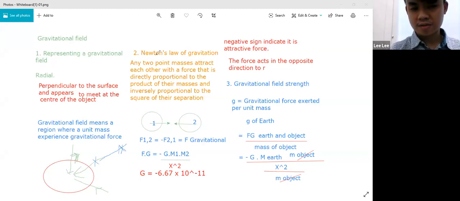Now I release the object. Where will the object go due to the gravitational force? Will it continue to go to the right? No. Where will the object go? Left. Yes. So that's what I mean by the force always acting in the opposite direction to r. So the force acts out of the body of the object.